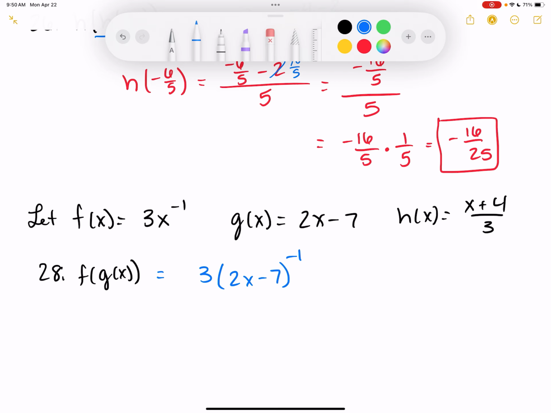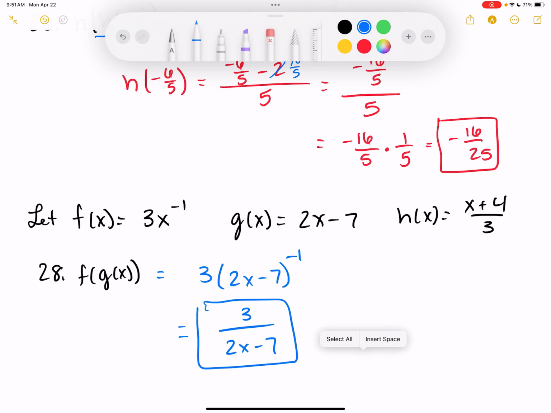What's the problem with the way it's written right now? Negative 1 is less than 1. How do I move it? Make it 1 over that whole thing. Yep, 1 over that piece. Since I have a 3 there, it'll end up being a 3 on top. So 3 over 2x minus 7. And that would be your final answer for that one.